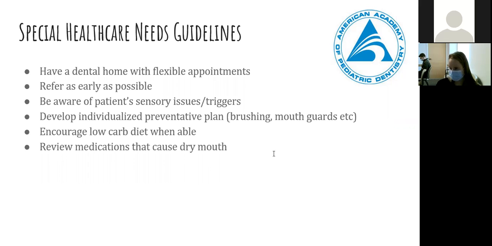We as primary care providers encourage a low-carb diet when able, and make sure we're continually looking through patients' medication lists to limit the medications that can cause dry mouth. These could be things like hydroxyzine or Benadryl. There's a whole list.